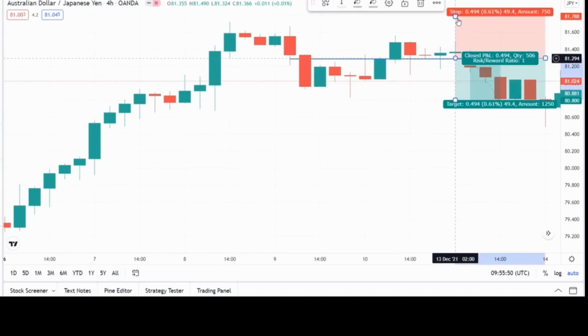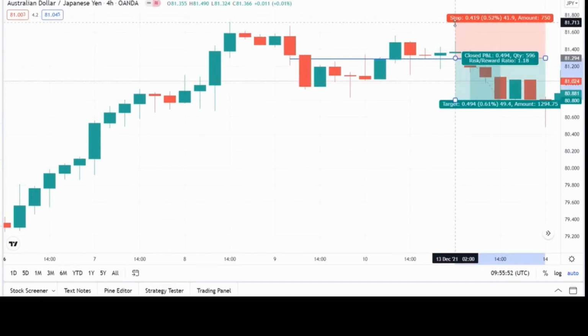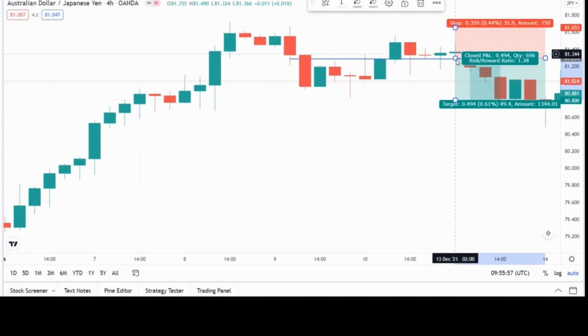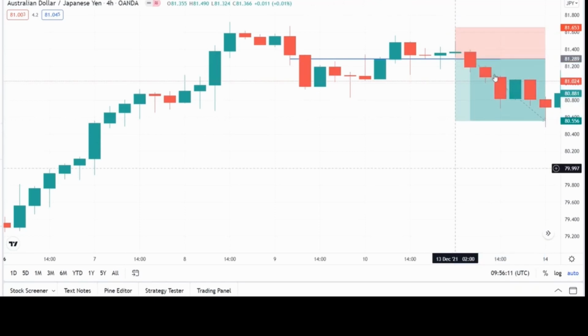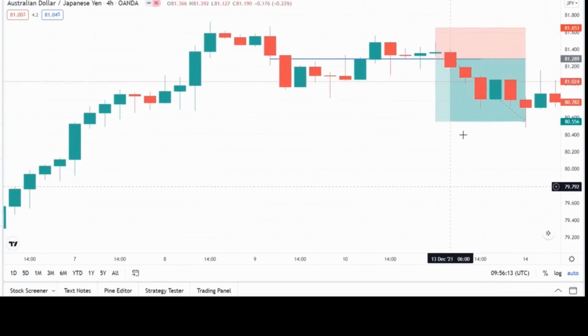My stop loss was at 81.653 exactly. Here at 88, so almost. If I went for a 1 to 2 risk reward ratio, I would have been profitable.